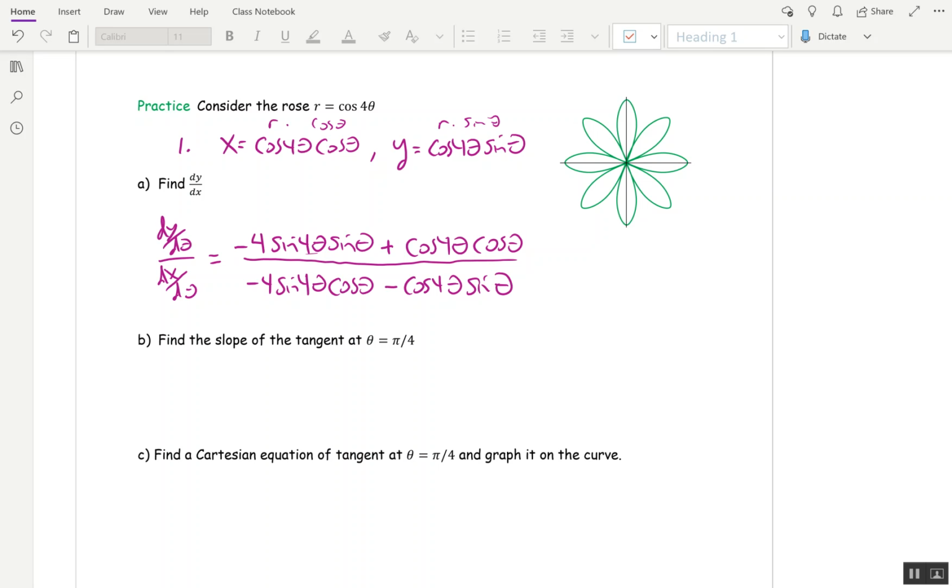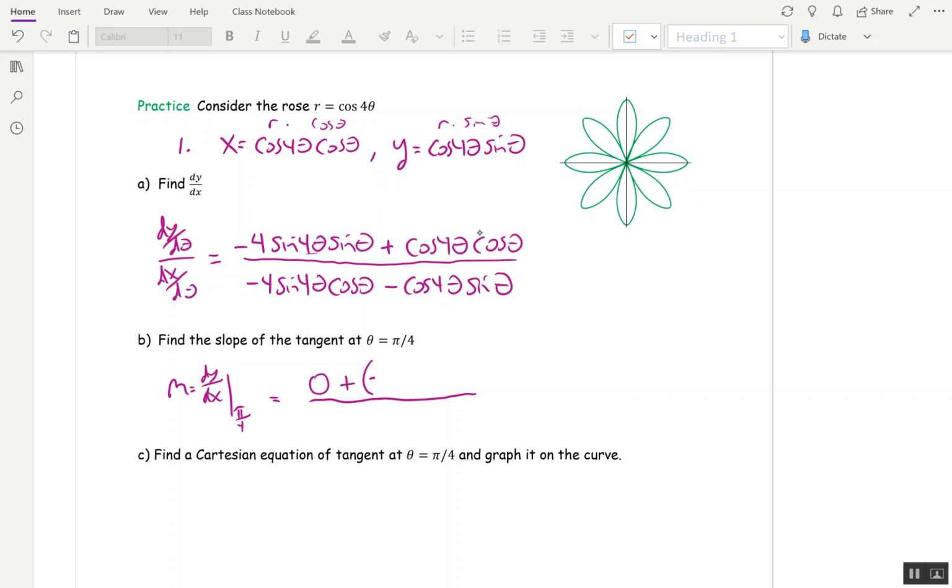All right, so let's continue now. Find the slope at theta equals pi over 4. So m is this expression above, dy dx, at pi over 4. Got to be careful here. Some thetas are multiplied by 4 and some aren't. So if we multiply pi over 4 by 4, we get sine of pi up here. So sine of pi is 0. Then we get plus cosine pi, which is -1, times cosine of pi over 4.